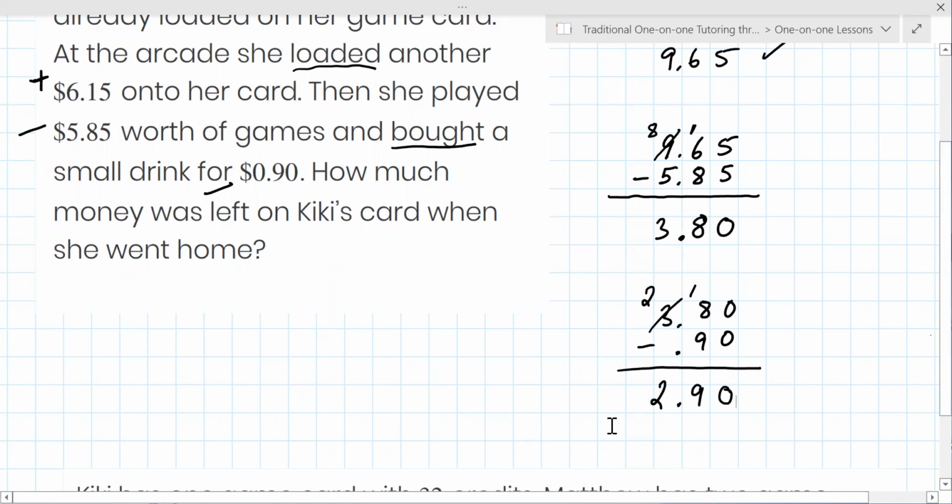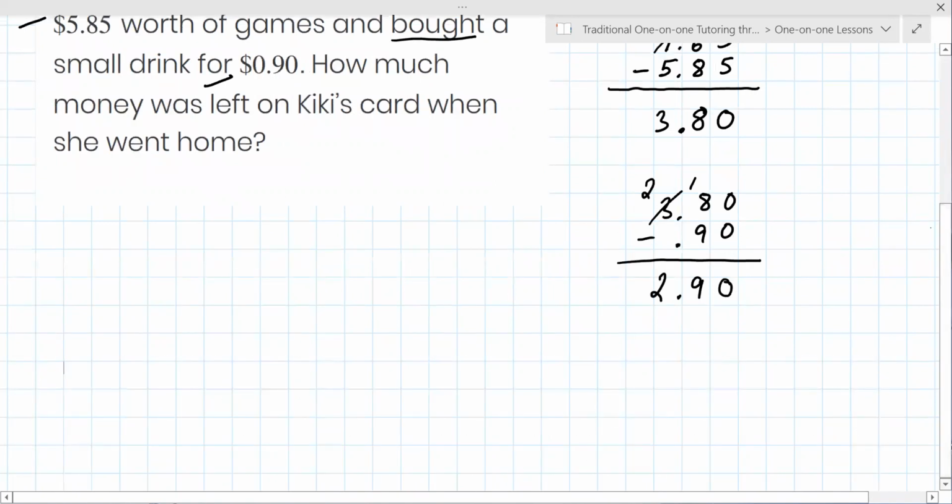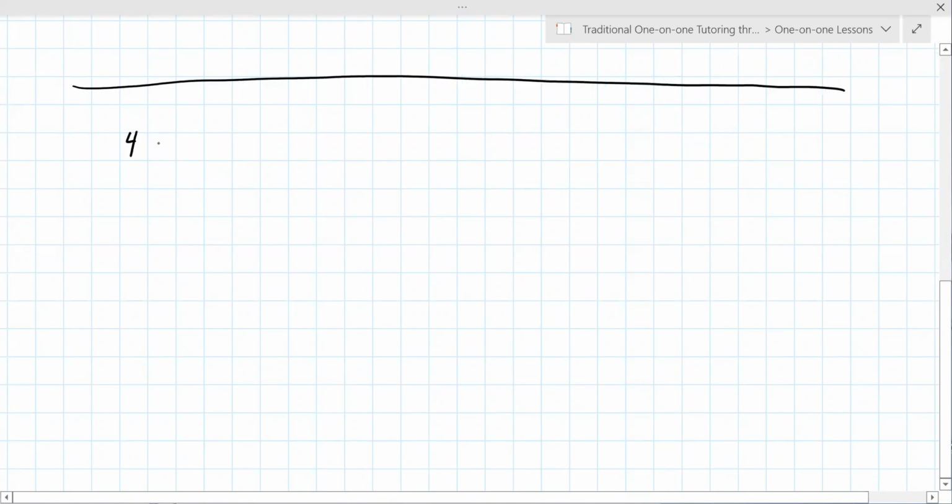All right, so before we do this next problem here, I want you to do a couple more subtraction problems for me. All right, so let's go 4.60 minus 2.70. Okay, so I want you to try that one for me, please.